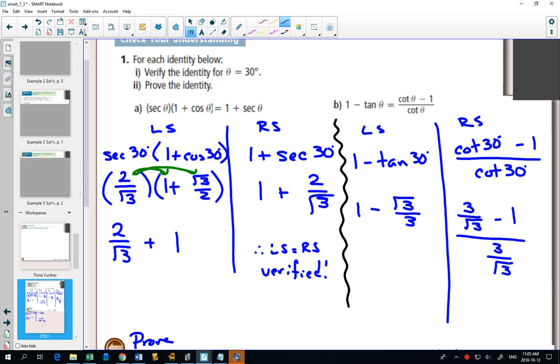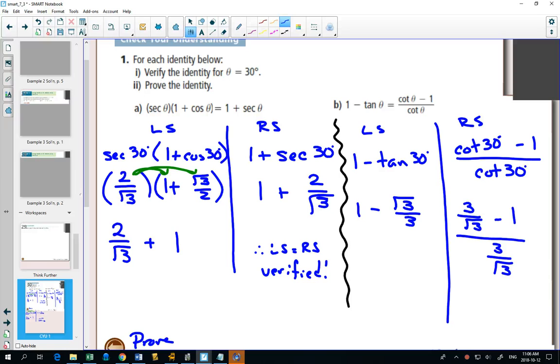Our job is to get those to be the same. And this is where a lot of working with identities is fraction work. If they're not the same, then a main goal of yours should be to change both sides to a single fraction. How do I change something to a single fraction on the left side?